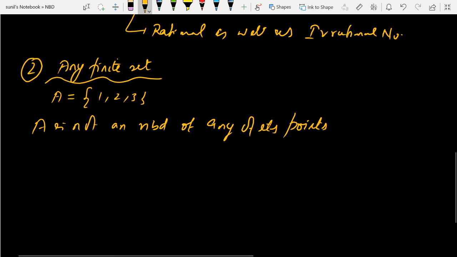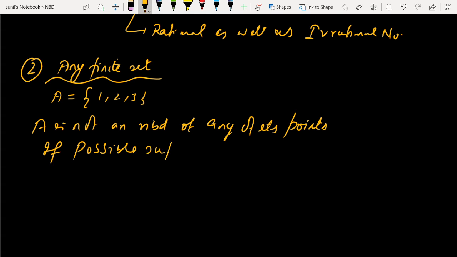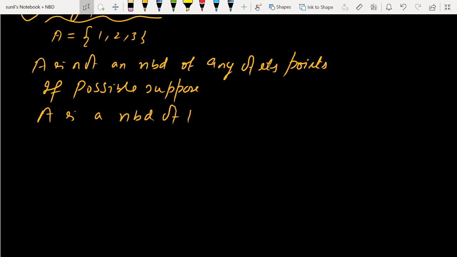What is the reasoning behind it? Now see, suppose, if possible, suppose A is a neighborhood of 1. So now, if it is there, I am constructing an interval that is 1 minus epsilon and 1 plus epsilon.